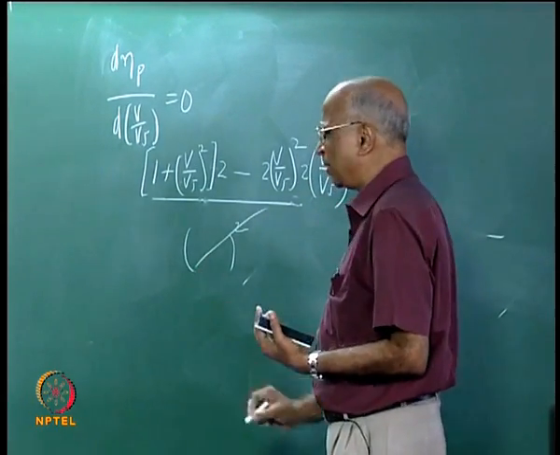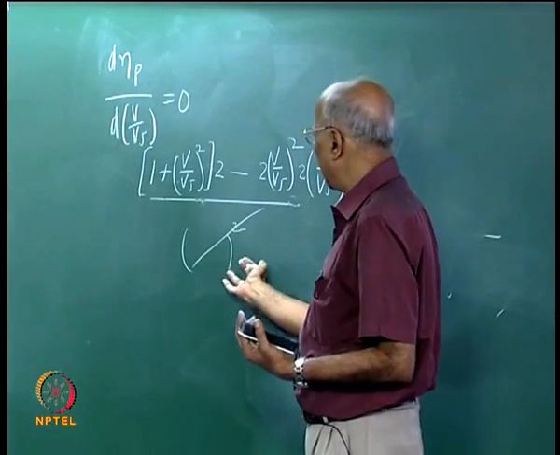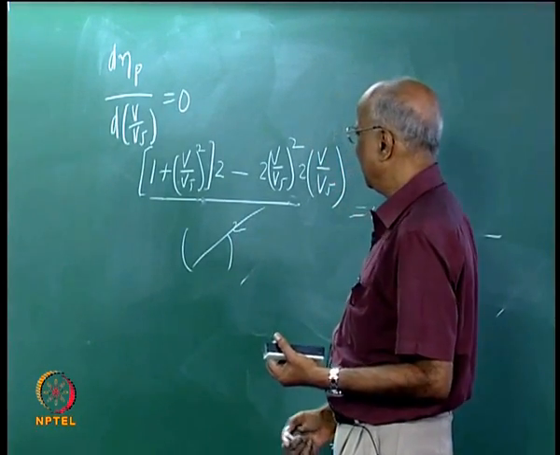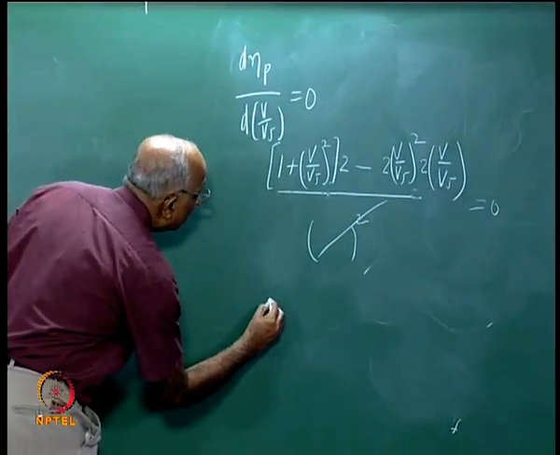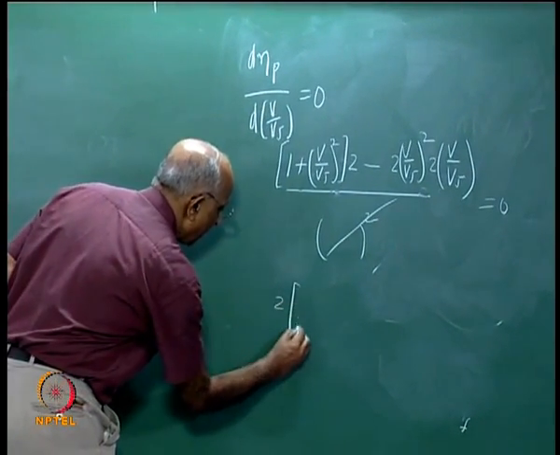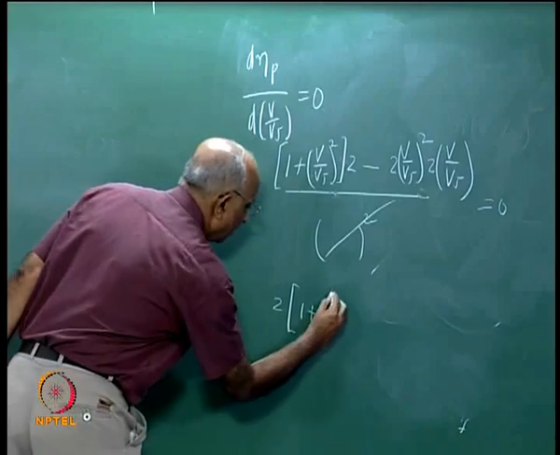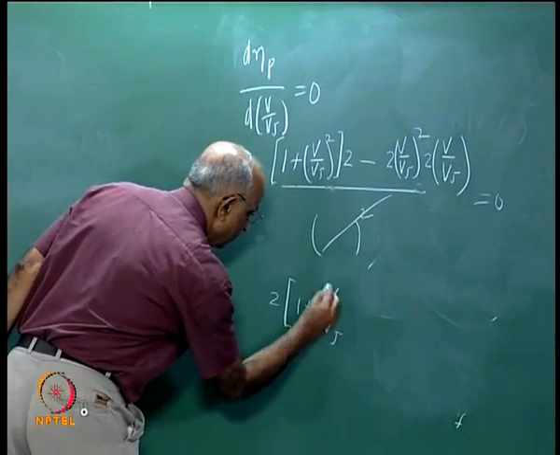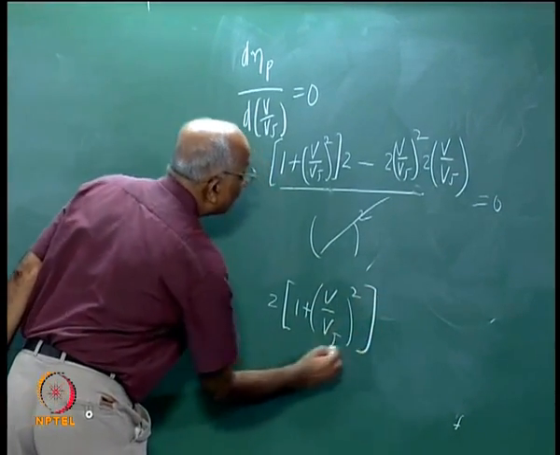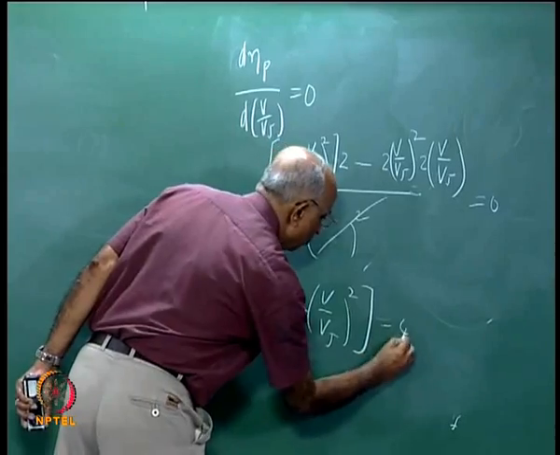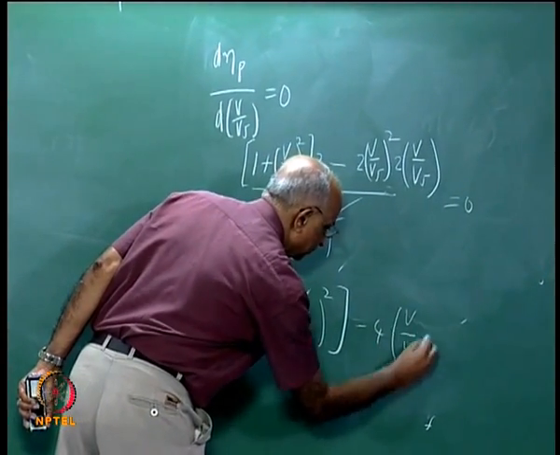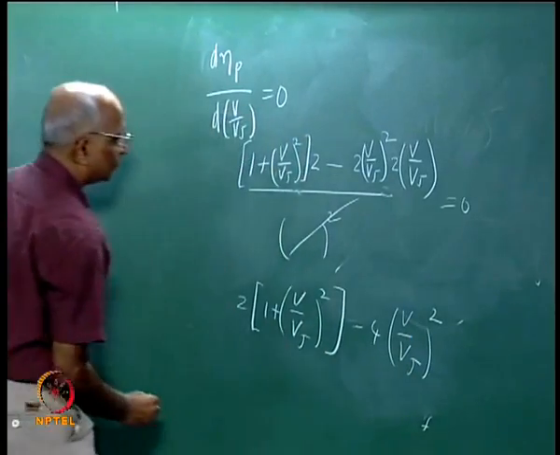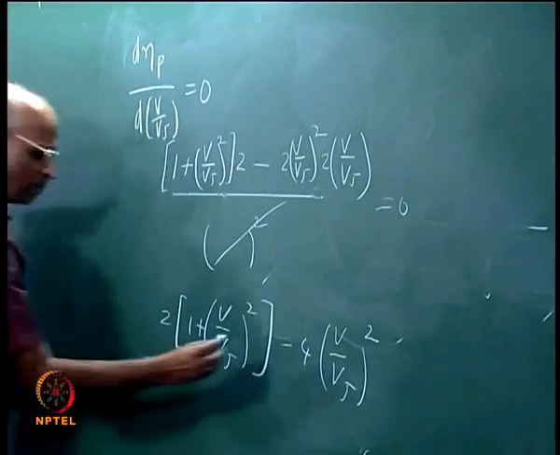Therefore, I do not want to write 1 plus V by Vj whole square over here, and therefore, what does it give me? It gives me 2 into 1 plus V by Vj whole square minus 4 into V by Vj square is equal to 0.